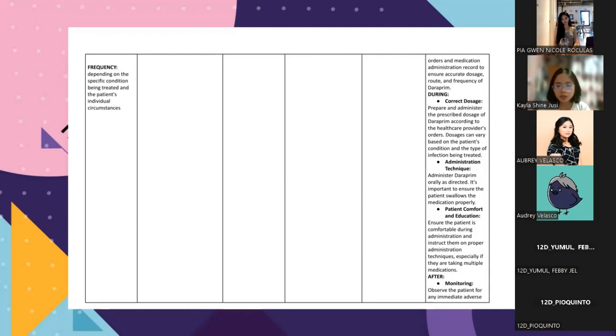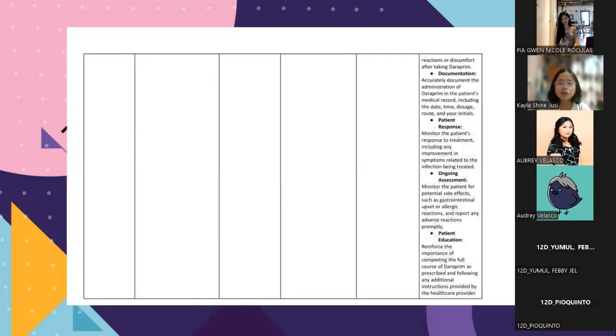And administration technique: administer Daraprim orally as directed. It's important to ensure that the patient swallows the medication properly, and for patient comfort and education, ensure that the patient is comfortable during the administration and instruct them on proper administration technique, especially if they are taking multiple medications. And for after medication monitoring, observe the patient for any immediate adverse reaction or discomfort after taking Daraprim.